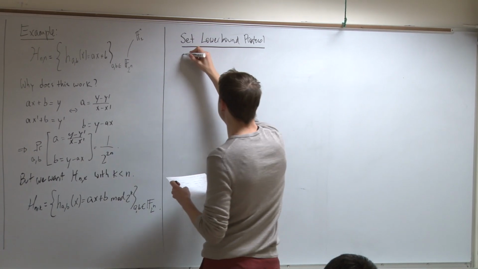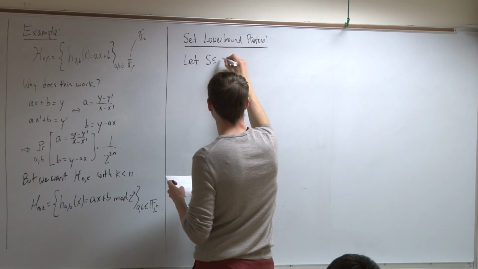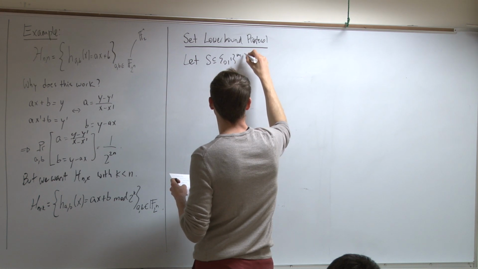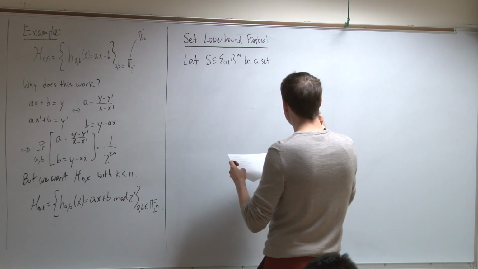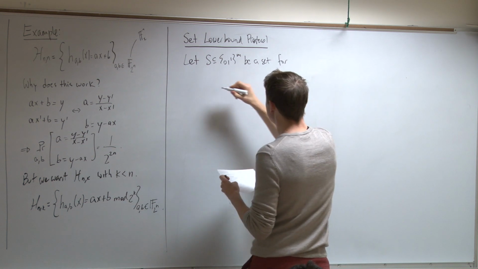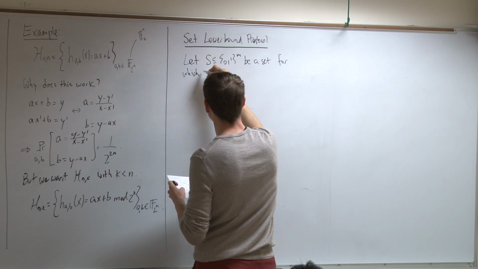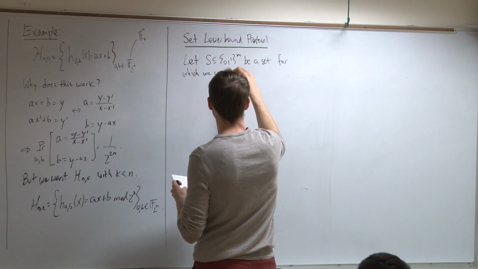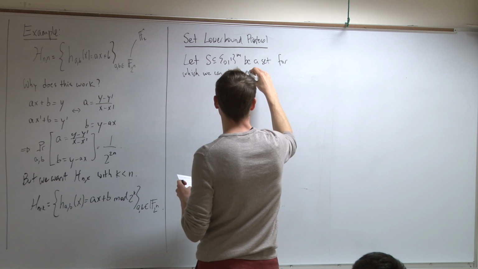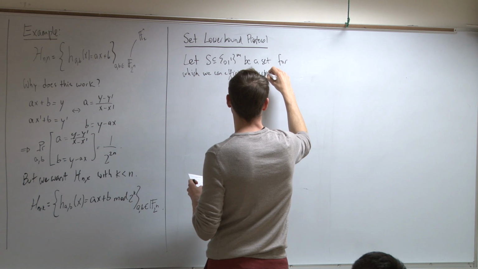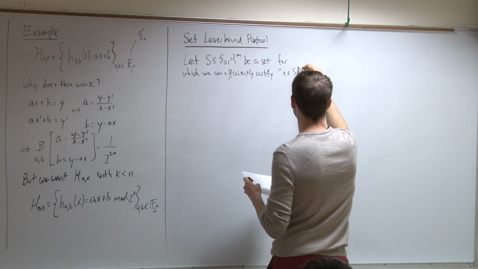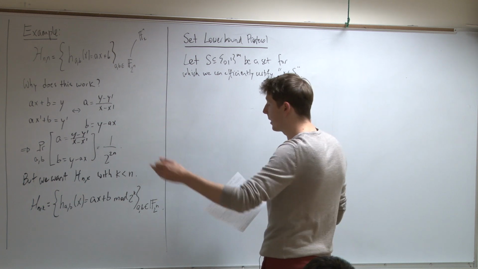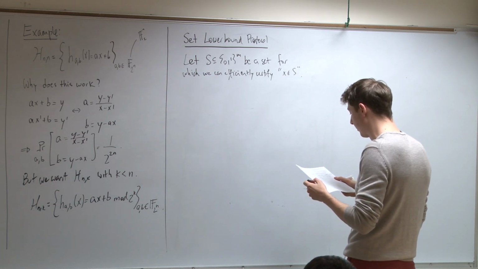So let's give a name to that set. Let S be a set for which we can efficiently certify things that look like X is in S. The S that we considered is of such a form.